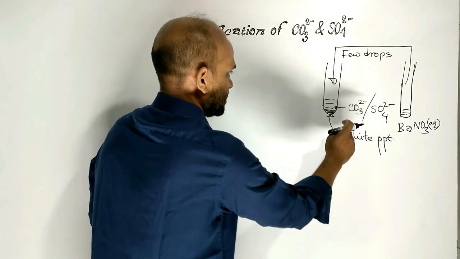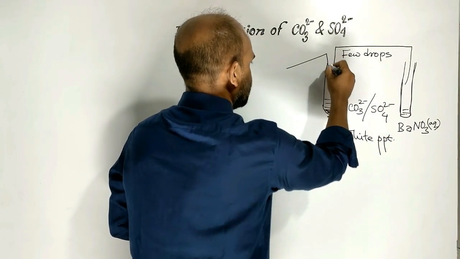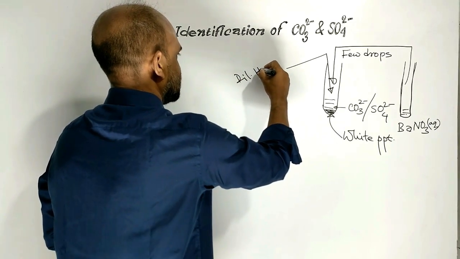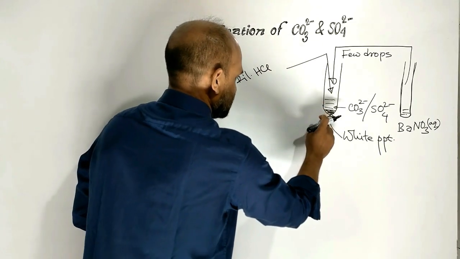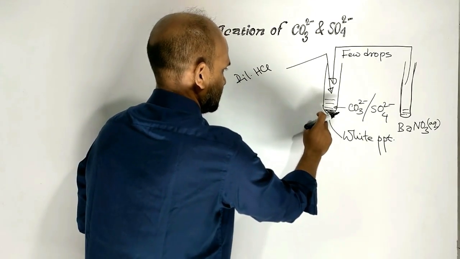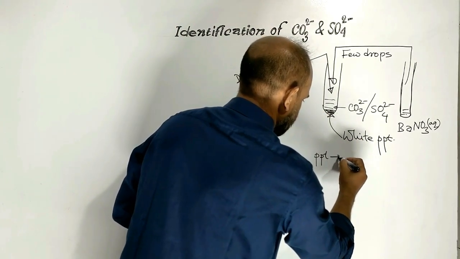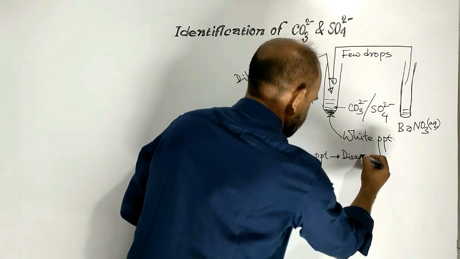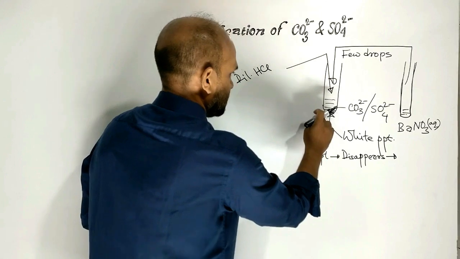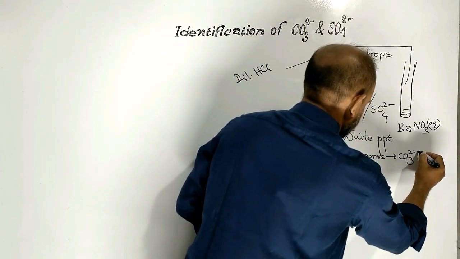But to distinguish carbonate ion and sulfate ion, we need diluted hydrochloric acid. In this test tube, diluted hydrochloric acid is added. Then, when this precipitate disappears, then the solution contains carbonate ion.